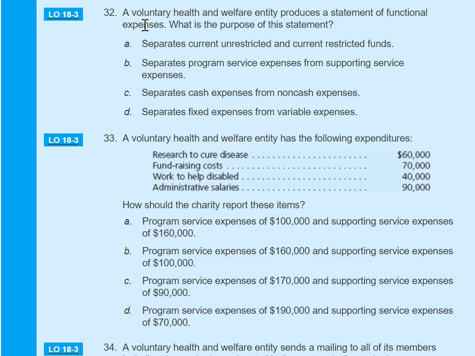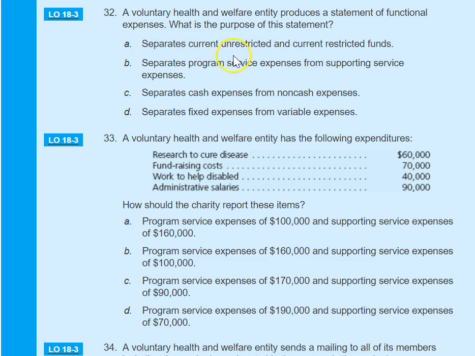Program service related means the types of expense that relate to the aim or the mission or the goal of the healthcare entity, and supporting services are some sort of their management related activities. Now we will see these two questions related to that statement or explanations.